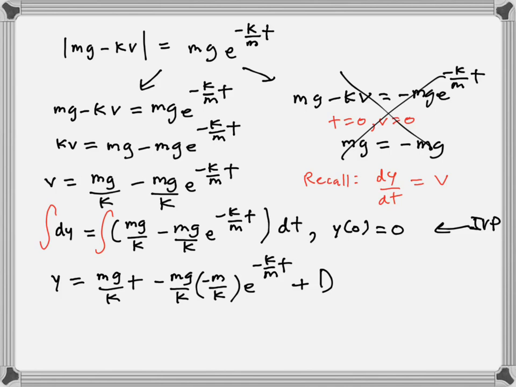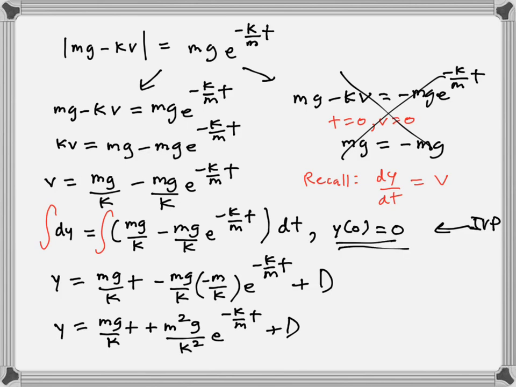So what does this become? This actually becomes y equals mg over k t plus m squared g over k squared, and then e to the negative k over m t, and then plus d. So now let's use our initial condition to find d. We know that y of 0 is equal to 0.